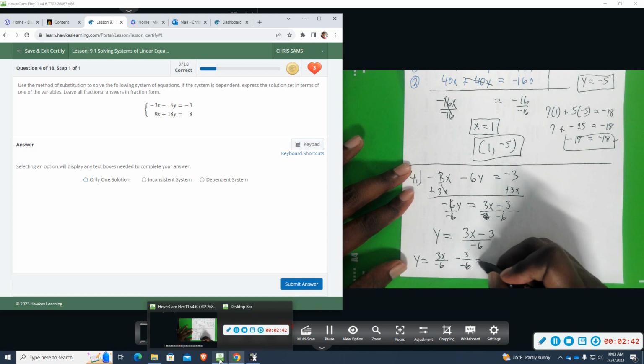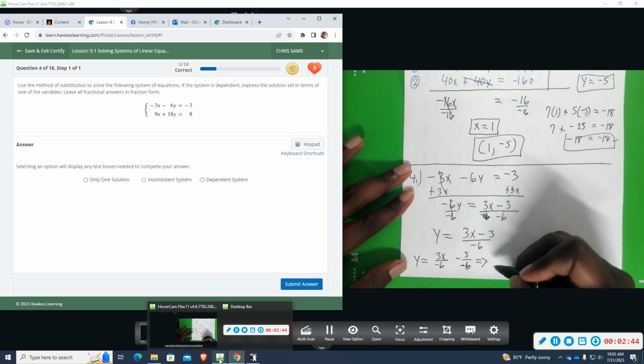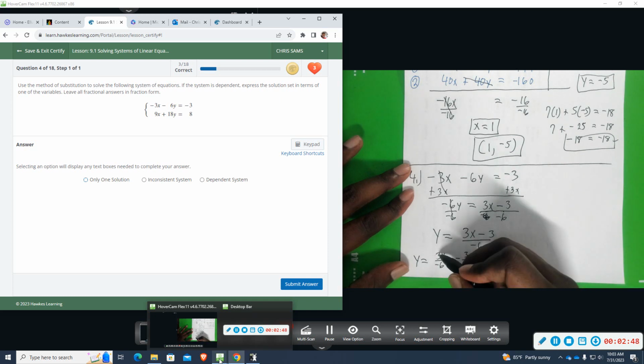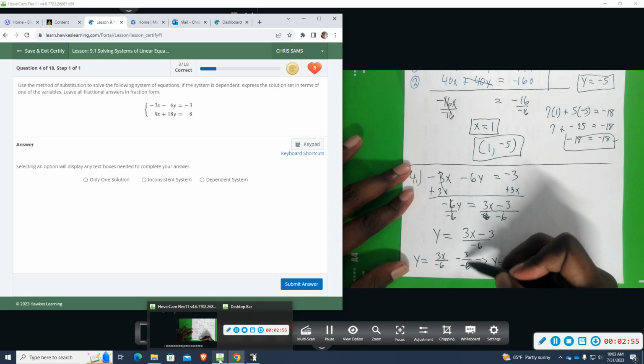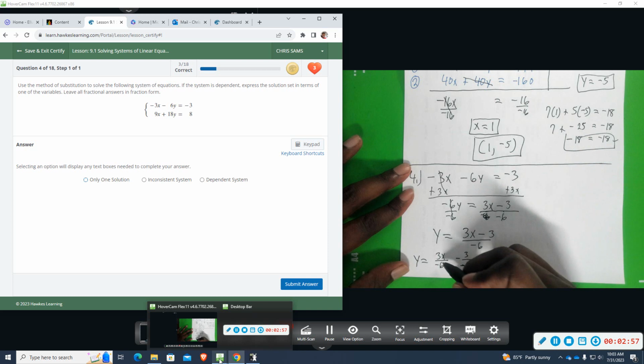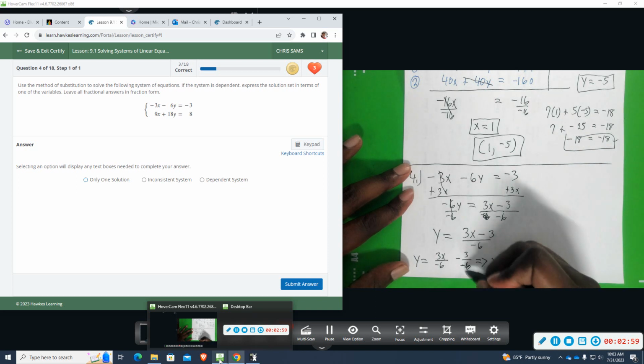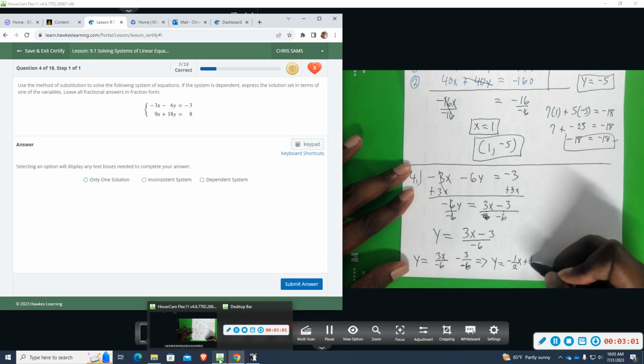As a final answer, this would be y equals 3 divided by 6 is a half. It would be negative, so a negative 1 over 2. And then negative divided by negative is a positive. This should be 1 over 2 x. And this would just be a positive 1 over 2.